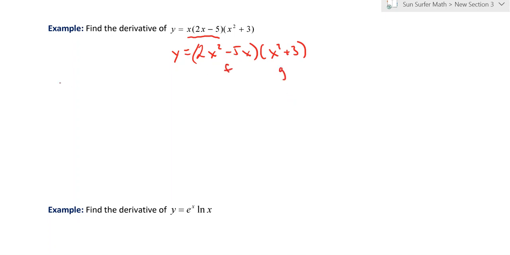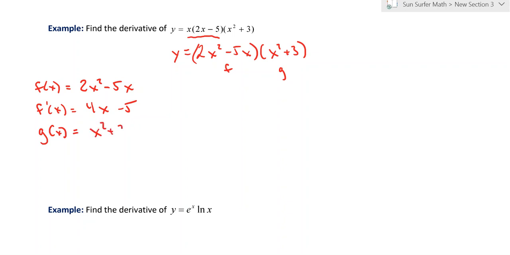So f of x is 2x squared minus 5x. The derivative of that would be 4x minus 5. G of x would be x squared plus 3. And the derivative of that would be 2x.